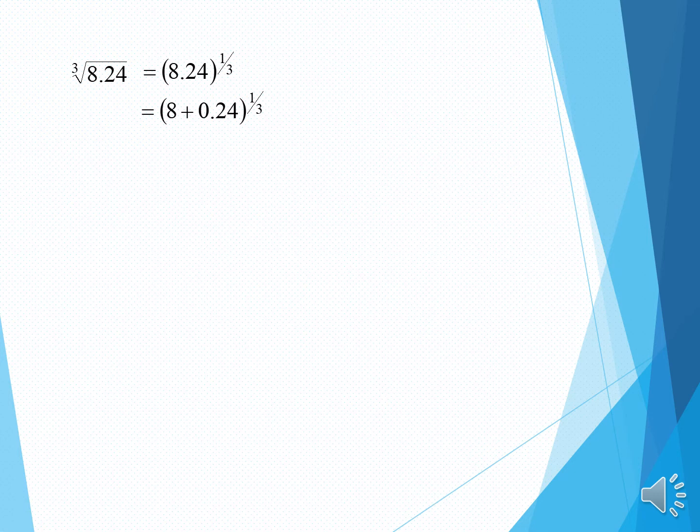To evaluate the cube root of 8.24, it is equal to (8 + 0.24)^(1/3). We compare with (1 + 3x)^(1/3). Factorize 8.